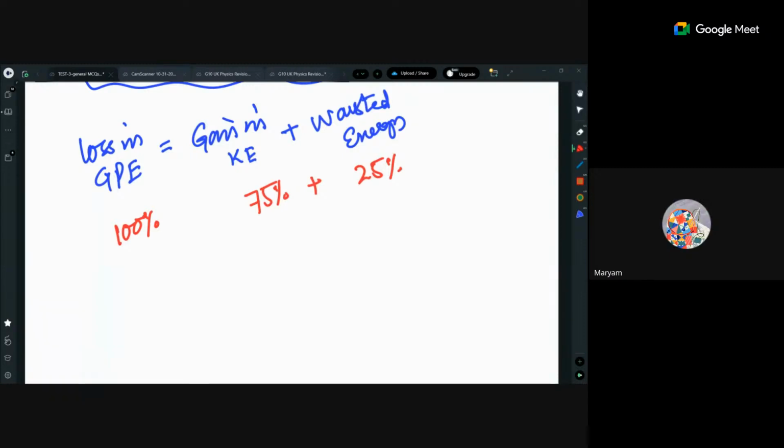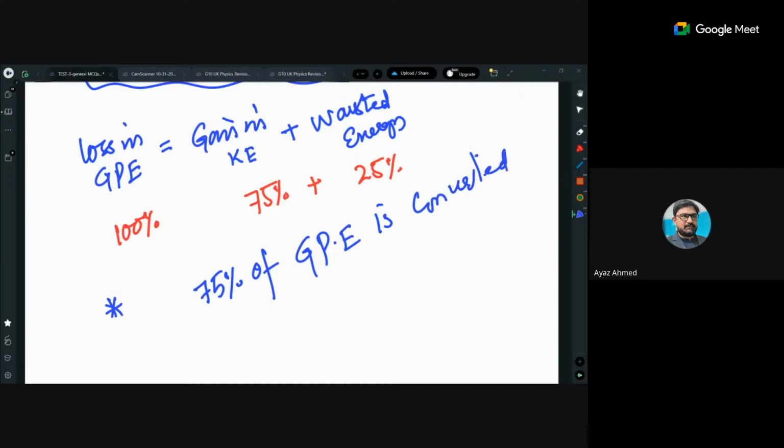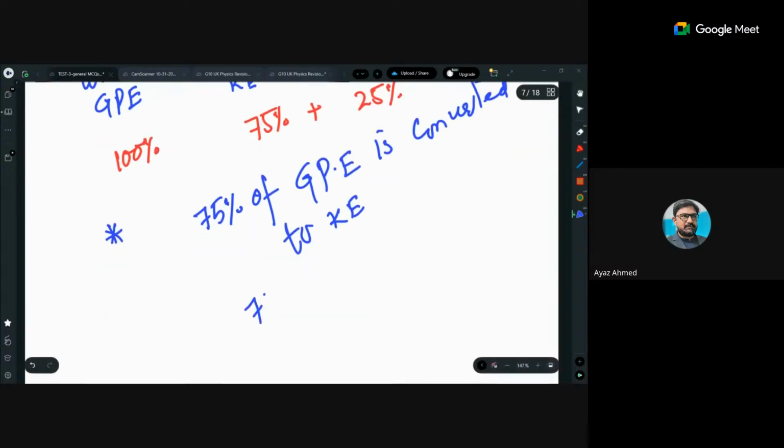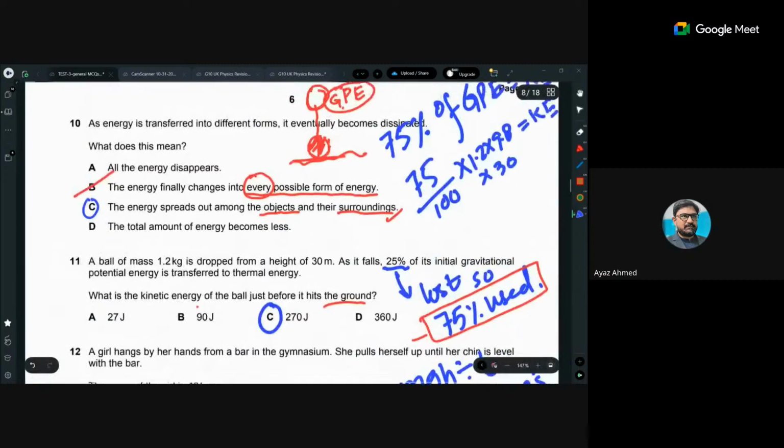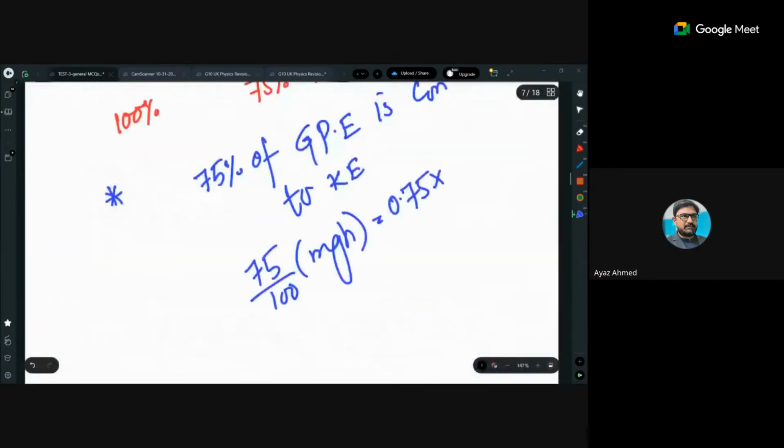Okay, so for this question, you will simply say that 75% of gravitational potential energy is converted to kinetic energy. So 75% means 75 by 100 times mgh, that is 0.75 times 1.2 into 30 into 9.8.